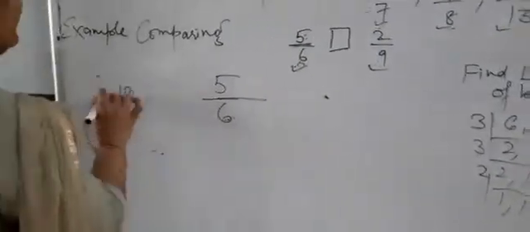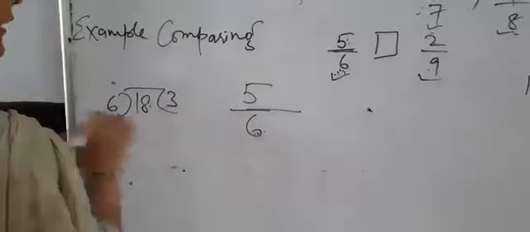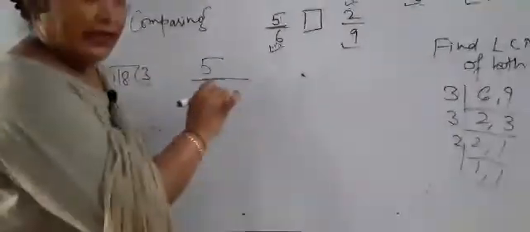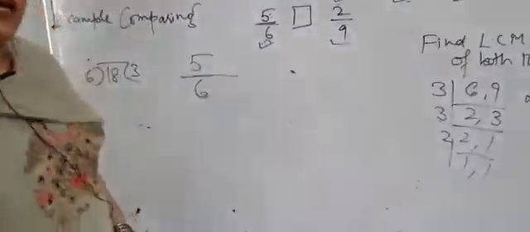Divide 18 by 6. You have got 3, which is the number by which you multiply 6. How have you got this 3? By dividing the LCM by the denominator.